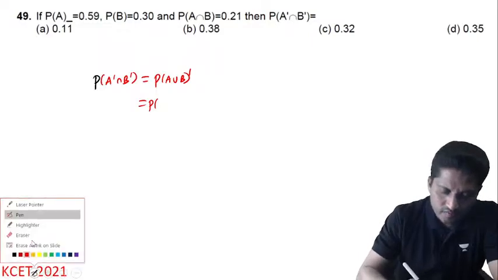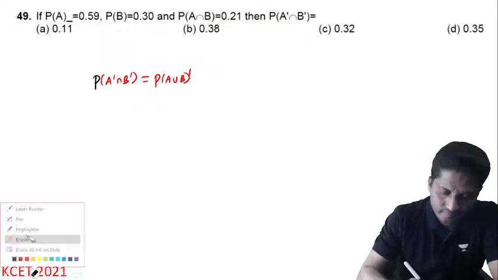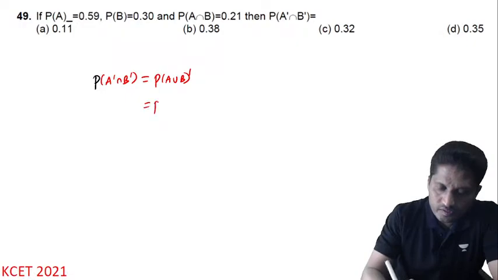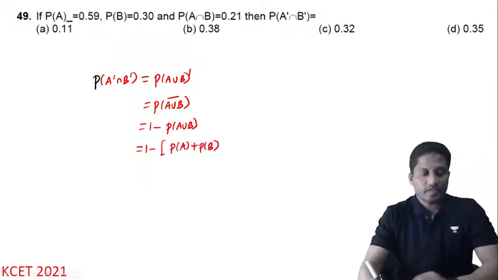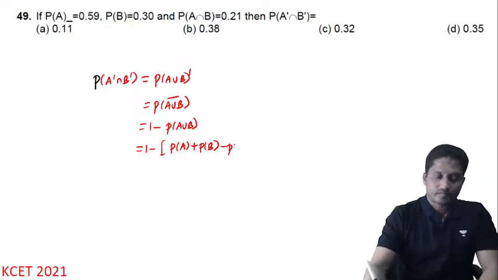P of A bar is equal to 1 minus P of A, right? It's the same as P of (A union B) whole bar, which is equal to 1 minus of (P of A plus P of B minus P of A intersection B).